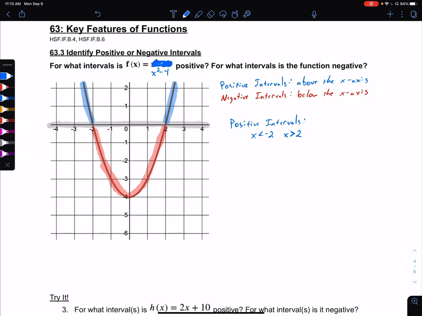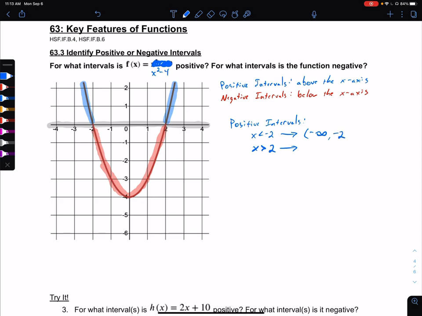In terms of interval notation, how do we show this? To show x is less than negative 2, what's the minimum, the lowest number? That's going to go all the way down to negative infinity, and then the max number would be negative 2.